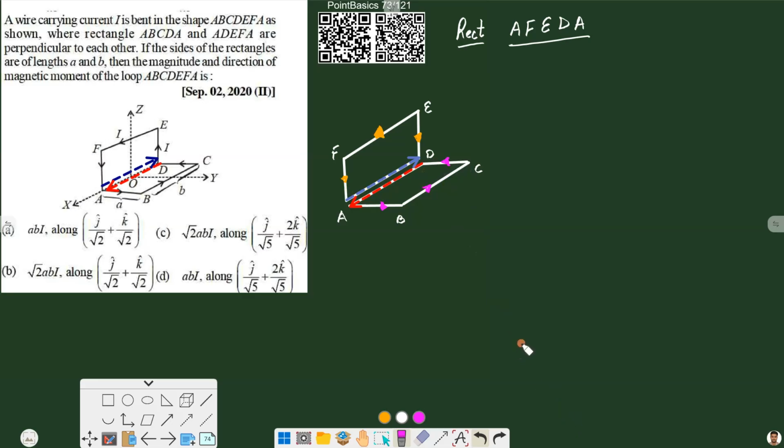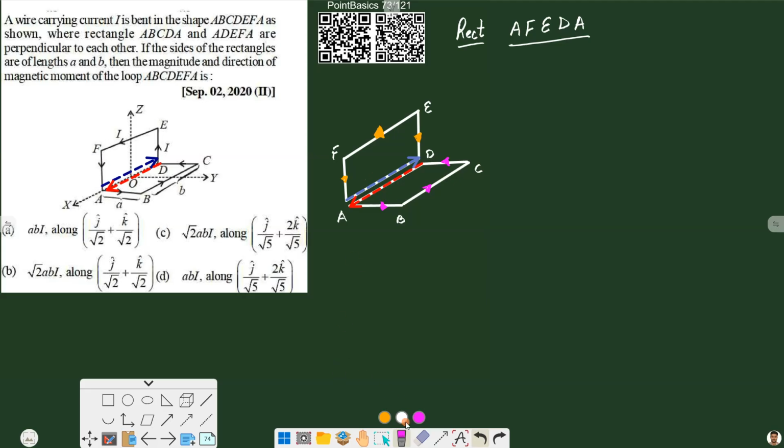So now we will find their individual magnetic moments, and then we add them using vectors. As per the axis and using the right hand screw rule, as seen from the upward direction of the screen, the current is moving in an anti-clockwise direction.